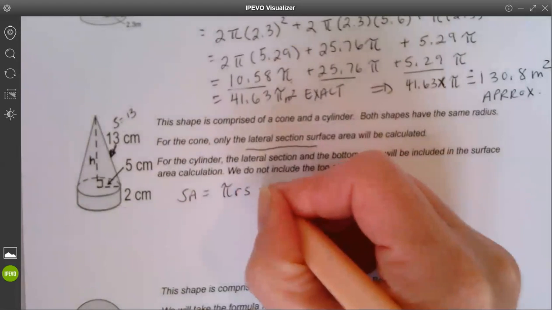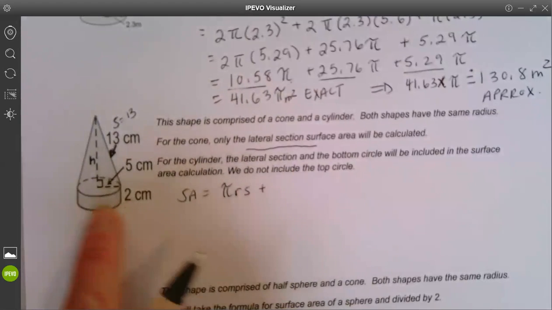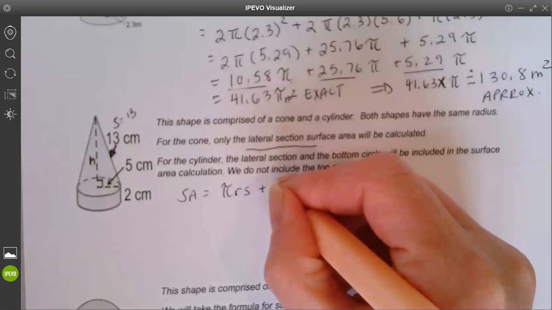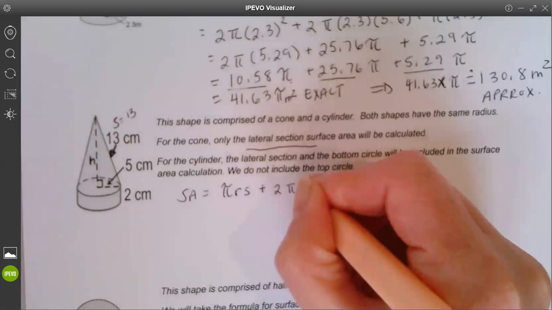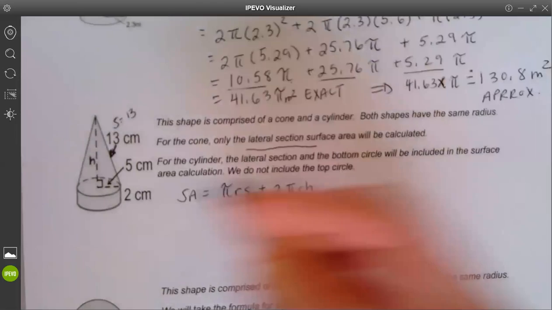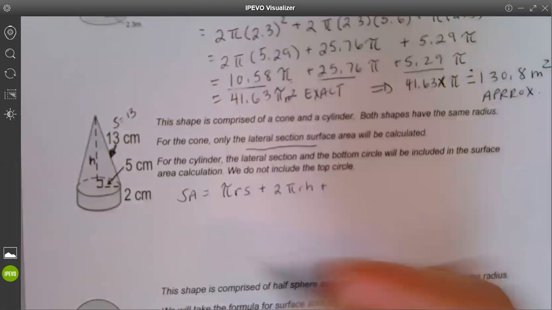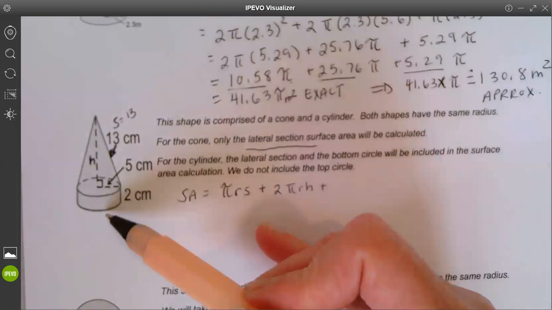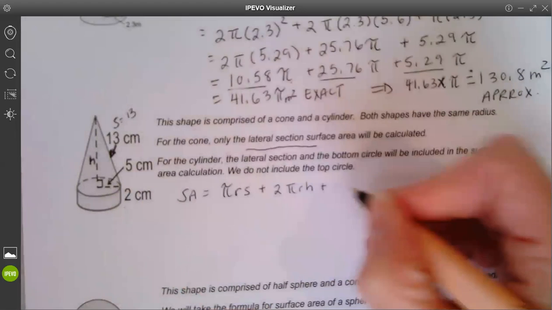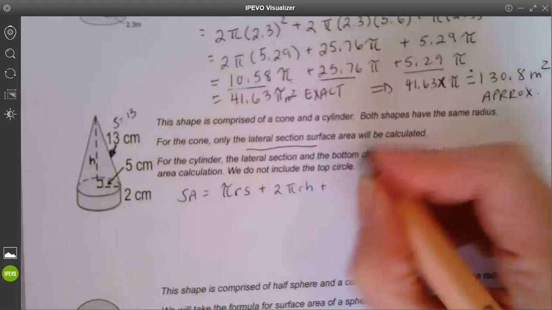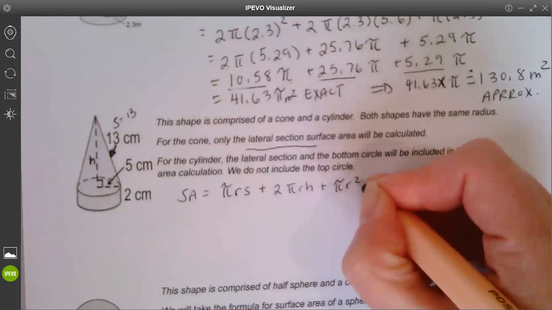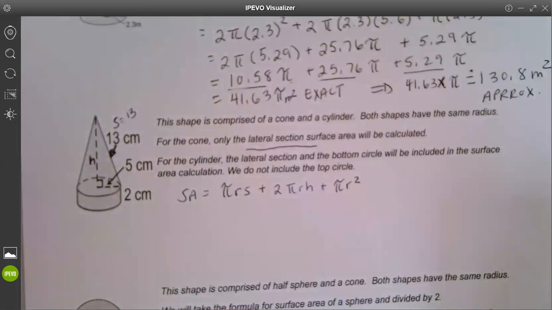Then we are going to add the piece that goes around here, which is 2 pi rh. And then we have two circles. We have an upper circle and a bottom circle on the cylinder, but this time we only include the bottom. So we have pi r squared. Okay, so that's taking care of the three faces of our shape.